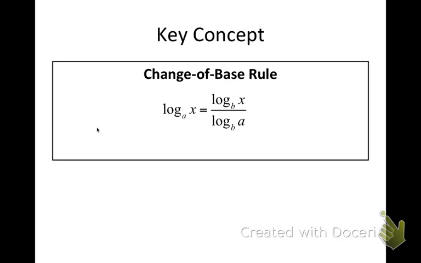So if we have log base a of x, log base 6 of 10, what we can do is convert it to two logs that end up having the same base, and we put the x attached to the log in the numerator, and we take the a and attach it to the log in the denominator. What I like to think of is that the a goes in the basement. That's how I always remember it.